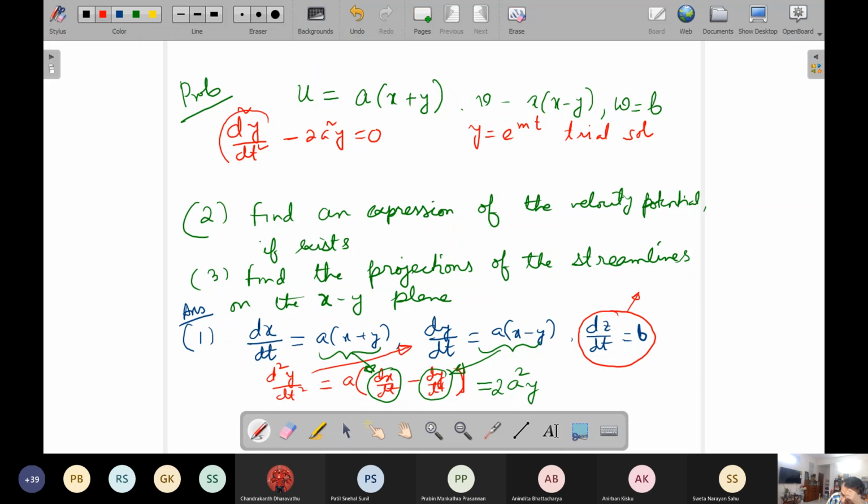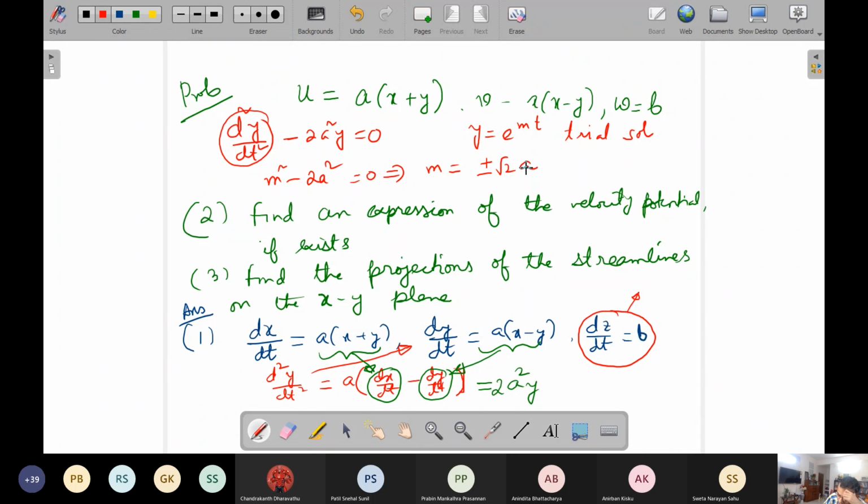So if you make a second derivative of this, this will be m square minus 2A square. This is equal to 0. So m is equal to plus minus square root of 2A. Okay.